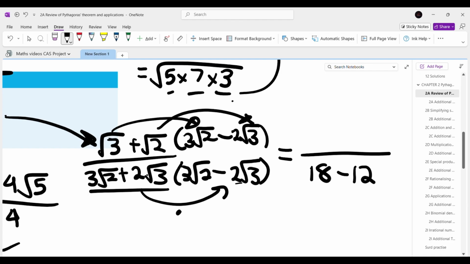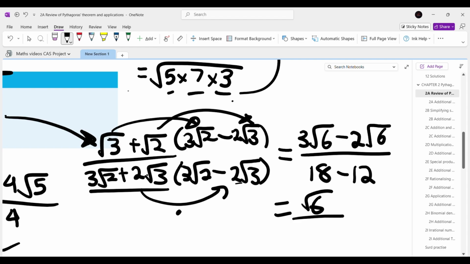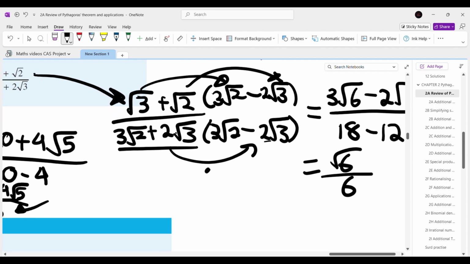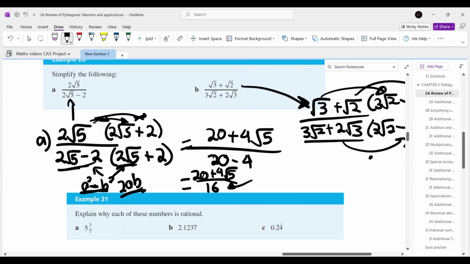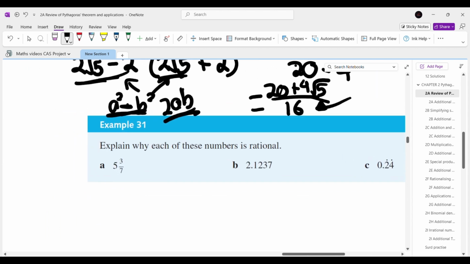Obviously the roots are just being multiplied, so it's 3 root 6 minus 2 root 6. So this just becomes root 6 over 6. That's how we express that.